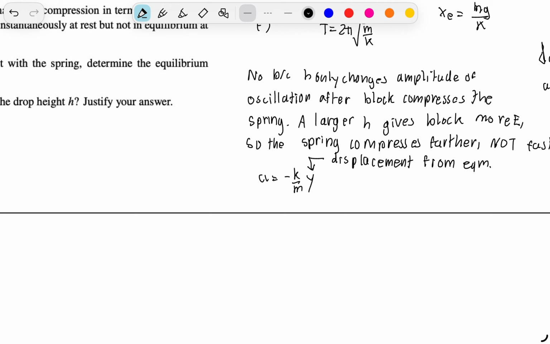When you think of a sinusoidal wave, if you increase your drop height, it's not going to be faster. It's just going to increase your amplitude.